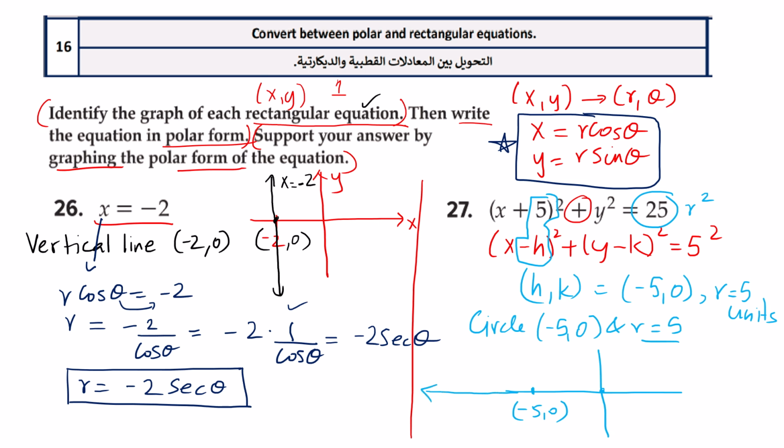This is my negative x, this is my positive x. And if I want to draw my circle, it's going to be in this way. Yeah, so center is this, radius is also 5. This is my rectangular equation of the circle which is given. Now I need to convert to polar, so I'm again going to do the same thing. I will replace my x with r cos theta, y with r sin theta. So let me go to the next slide and show you how to do that conversion.